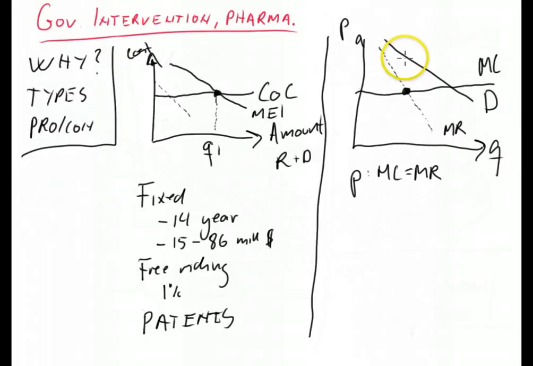So you have to reduce the price, and when you reduce the price, not just on the last product you're selling, the marginal product, but on all products, you lose quite a lot of money. You still have a profit, of course, depending on where you are, but you have to lower your price on all the products. So that's why you get a marginal revenue curve which is below the demand curve for a monopolist.